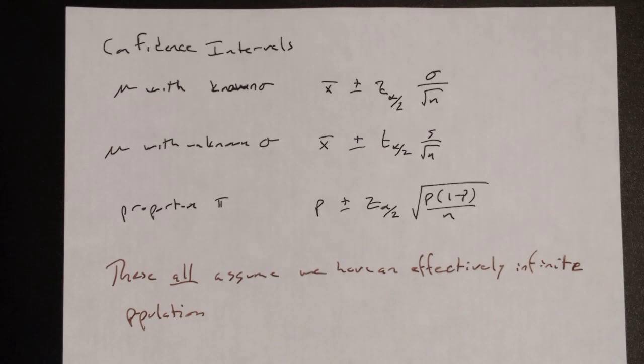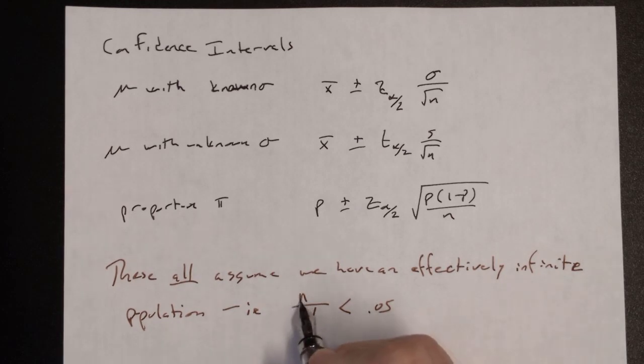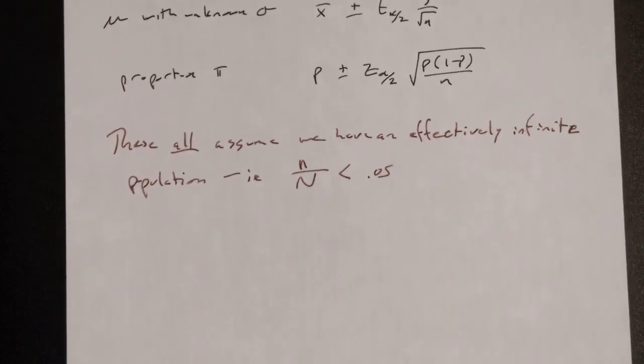Felix? Smaller than 5%. Look at like a sample of 14 out of like 500 or whatever. Smaller than 5%. Wonderful. My population is effectively infinite if my sample is less than 5% of the population.